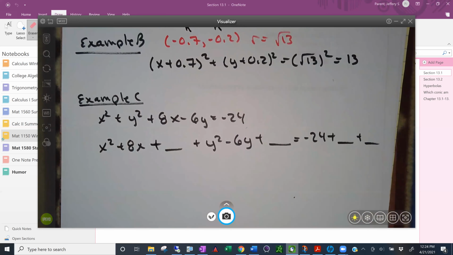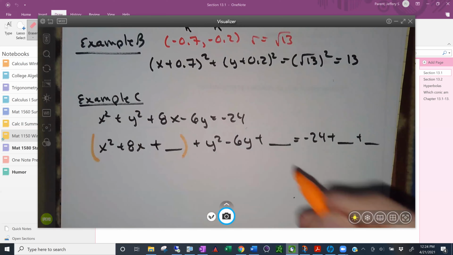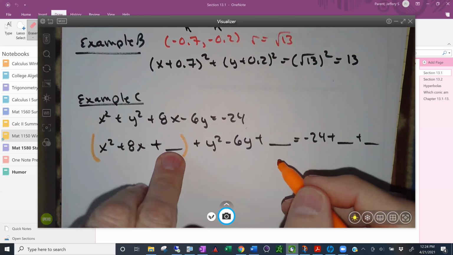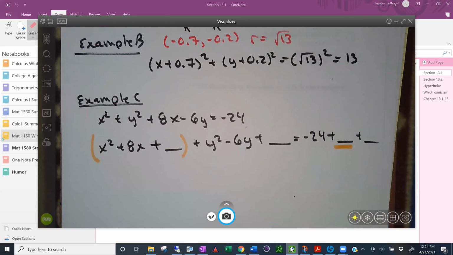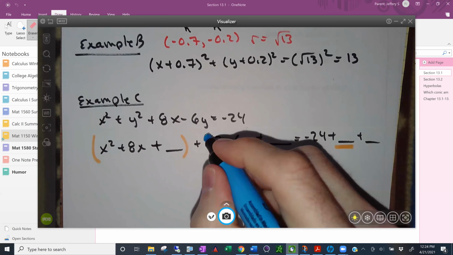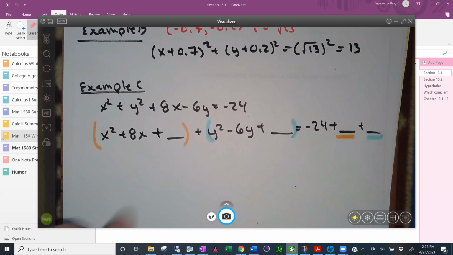So what we're going to have to do is complete the square on the left-hand side for the x's. And when we add in that number here, we'll also have to add a number over here. Likewise with the y's, when I complete the square here, I'll have to add a number over there as well. So how do you complete the square here?